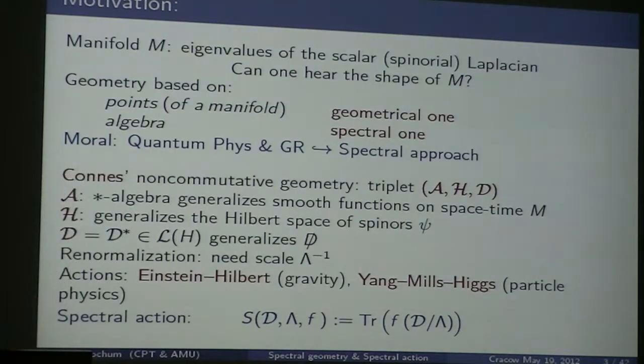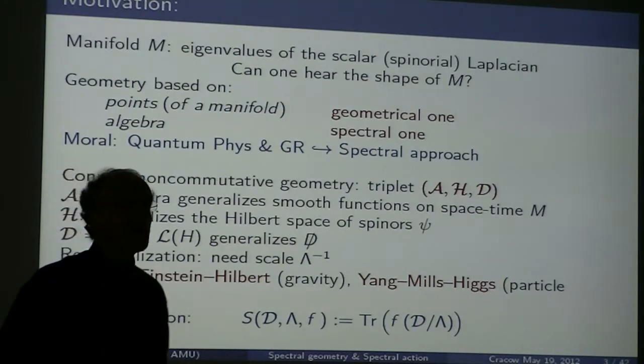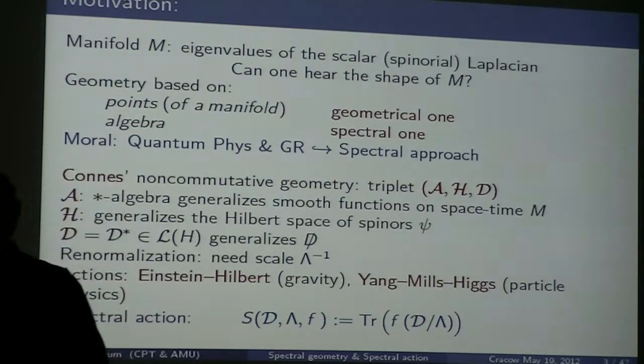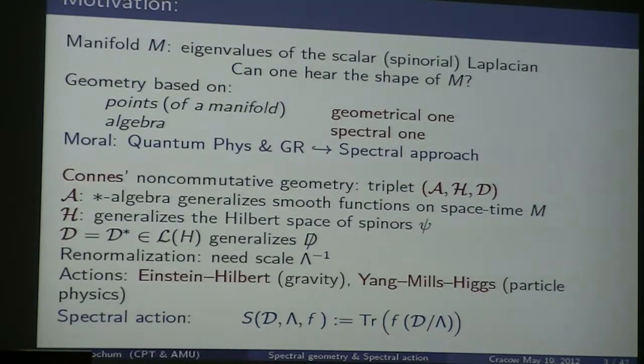So you could ask the question, can one hear the shape of a manifold? It was a famous question addressed by Mark Kac about can one hear the shape of a drum? And he answered negatively to this question, but nevertheless I will insist on this question.